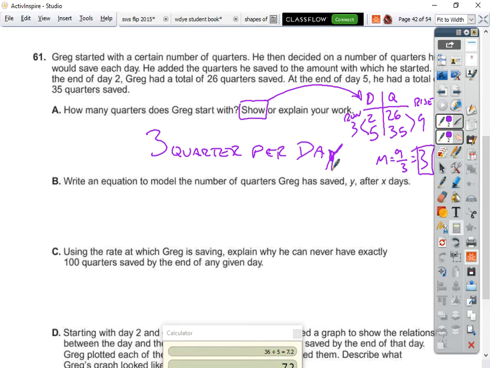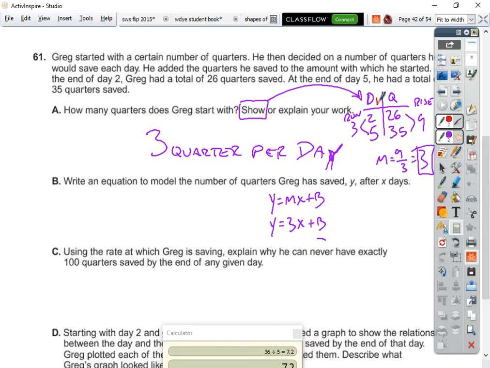All right, write an equation to model the number of quarters Greg has saved, y after x days. So we know we're going to do y equals mx plus b. We already know our m value is 3, but we don't know how many he had to begin with. So really, if we're saving 3 quarters every day, I could work backwards in my table, probably the easiest way to do it.